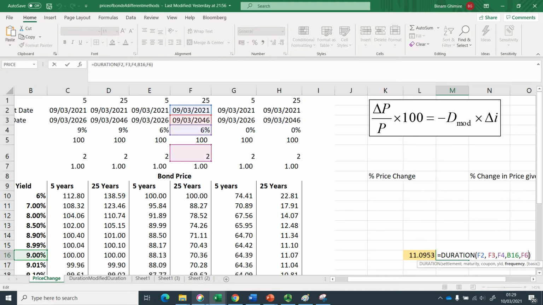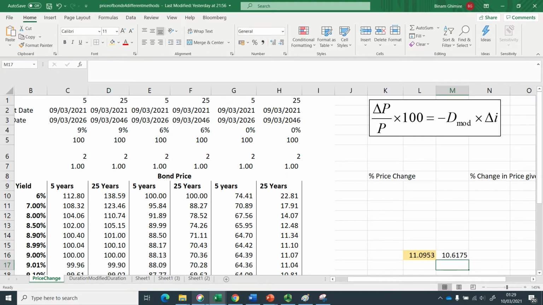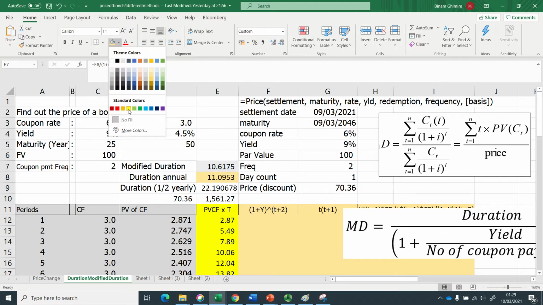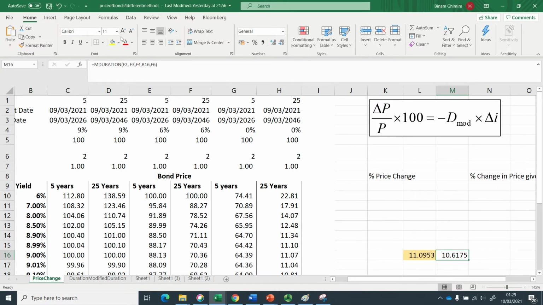It is just one symbol, M, that you need to add at the start. That gives you modified duration, MDURATION, 10.6175. You can check here: 10.62 is here, 10.6175. So you have now computed the modified duration both using the formula and using the Microsoft Excel MDURATION function.